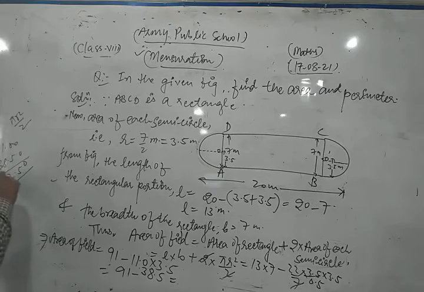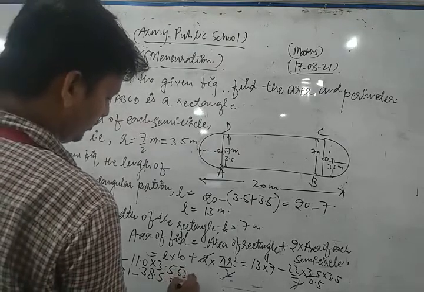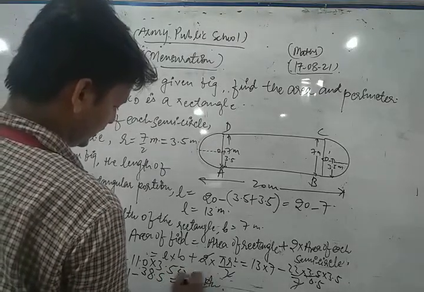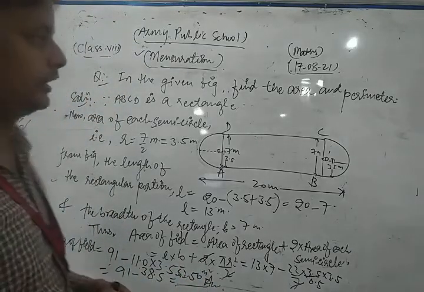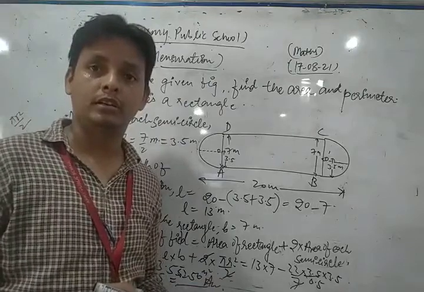We get 52.50. So this is the required answer, meter square. So in this way, dear student, you find the area of the field.